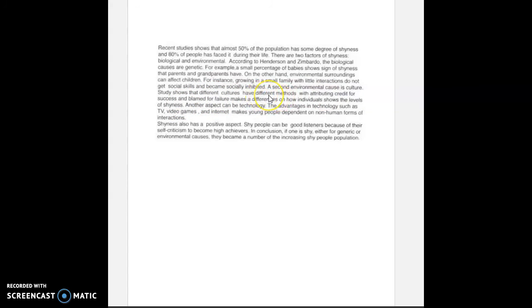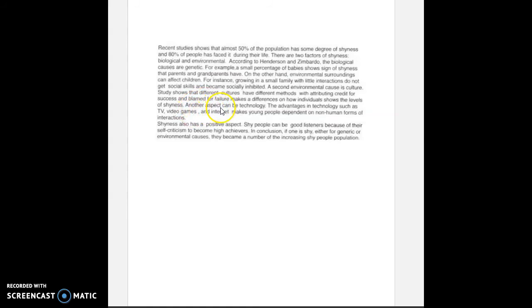Okay, so please, I would not summarize the whole study here because we need to know more for it to be really clear to a reader who hasn't read the article. So with attributing credit, okay. So maybe you can just explain more briefly that different cultures have different levels of shyness or different numbers of shy people.